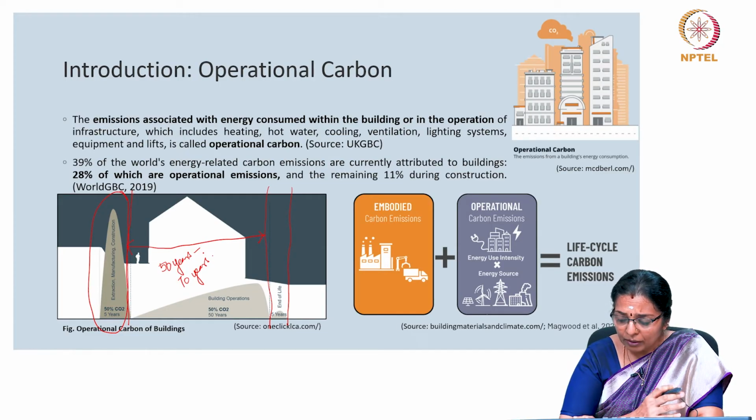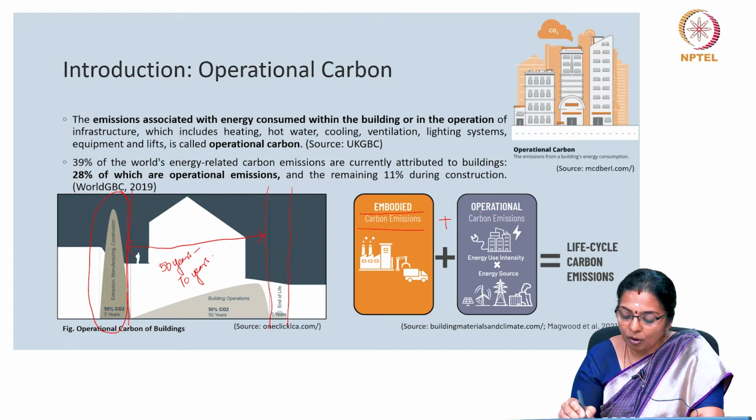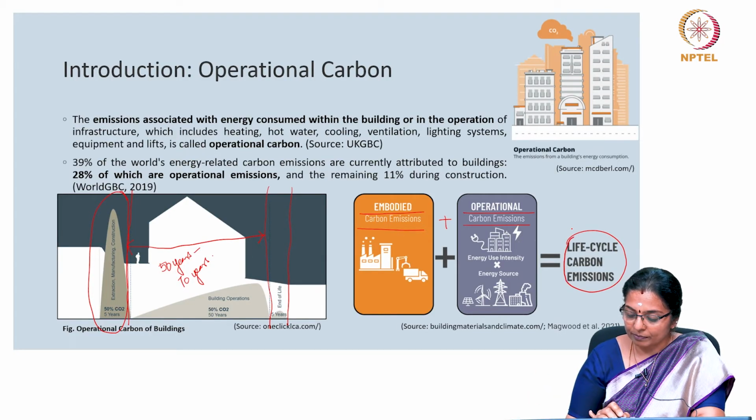So when we look at a building in totality, the total carbon emission by a building will comprise embodied carbon emission plus the operational carbon emission. Both together will form what is called life cycle carbon emissions.